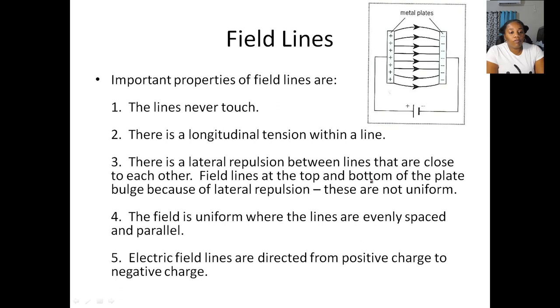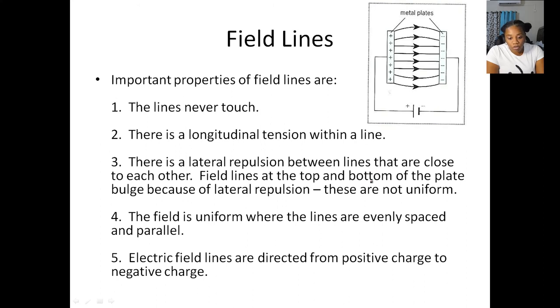Important properties of field lines are: 1. The lines never touch. 2. There is a longitudinal tension within a line. 3. There is a lateral repulsion between lines that are close to each other. Field lines at the top and bottom of the plate bulge because of lateral repulsion.